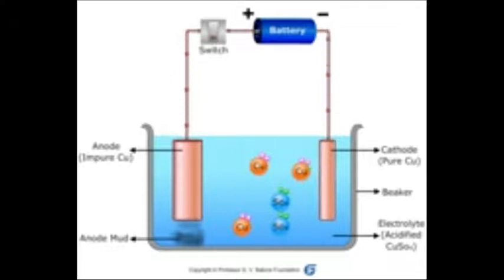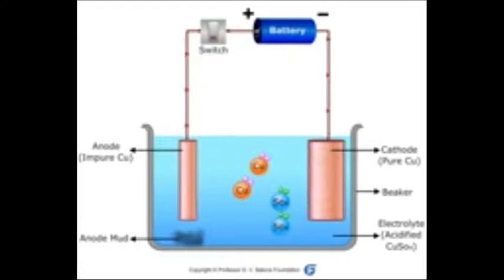From the electrode, electrons will come and convert them into copper, and copper will start depositing on the cathode. As the copper collects on the cathode, gradually the thickness of the cathode increases and the anode decreases. Whatever impurities are there settle down at the bottom of the container, called the anode mud. So this is called the electrolytic refining of copper.